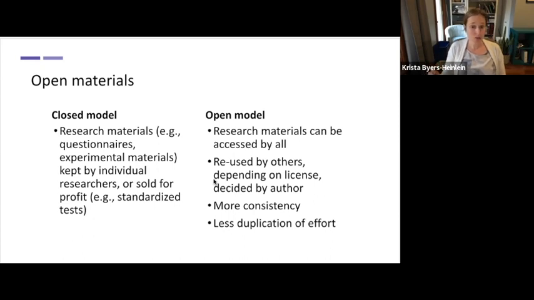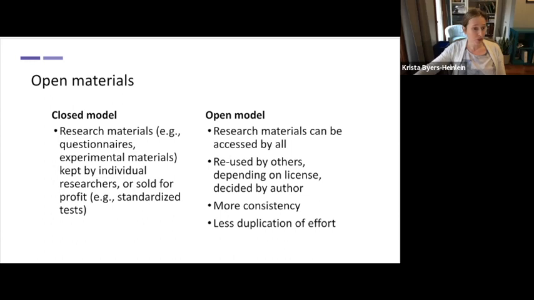And in some cases, research materials are actually sold for a profit. Standardized tests, intelligence tests, for example, can be very expensive to obtain. Under an open model, research materials can be accessed by everybody, and in fact can be reused. So this is a huge savings of time. And typically the research materials will be shared under different licenses decided by the author.